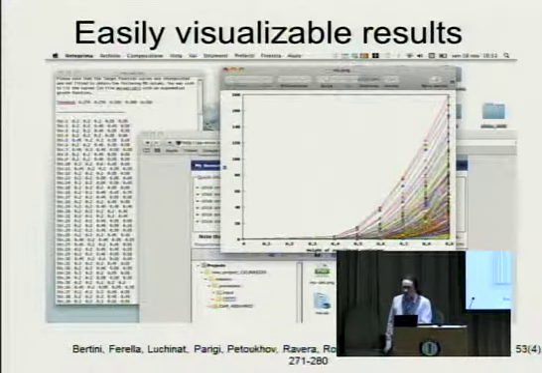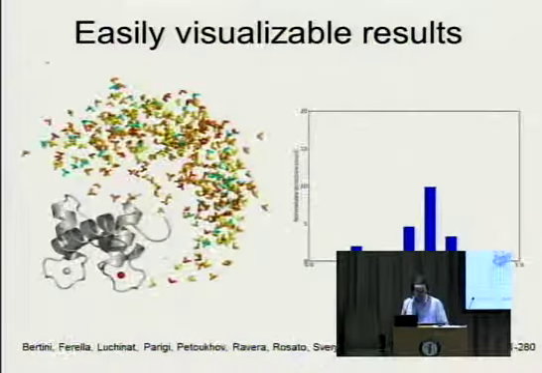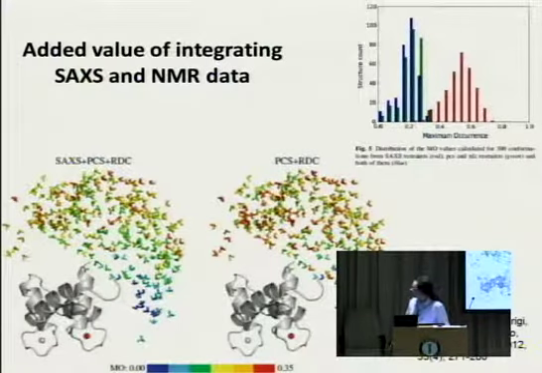You get a script to automatically generate this kind of images, and you get a distribution of the different MO values from the program. For example, just to show why it's useful to integrate SAXS and NMR data, you see in this example the red distribution is from the small angle X-ray scattering restraints alone, and you see that you get a fairly large distribution which centers on relatively large MO values. Because this is a relative scale, you know that if all the values are high, it actually means that these data are not sufficient to discriminate the different configurations.